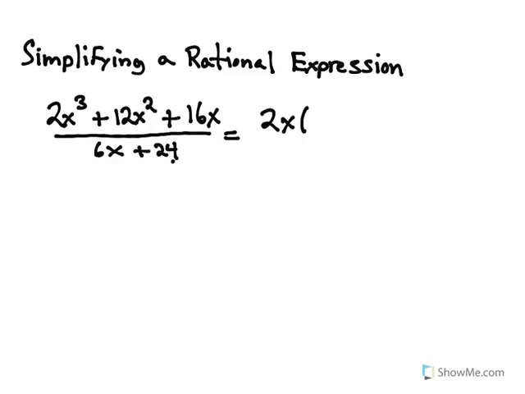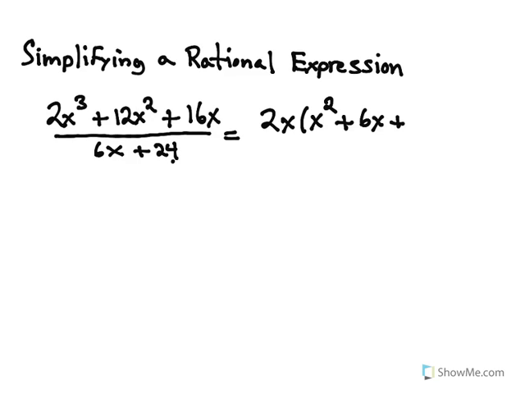Basically, when I factor out a 2 and an x, then this reduces to x squared. And again, when I factor out a 2, 12 divided by 2 is going to be 6. And if I have x squared and I take one of the x's out, that reduces to x.